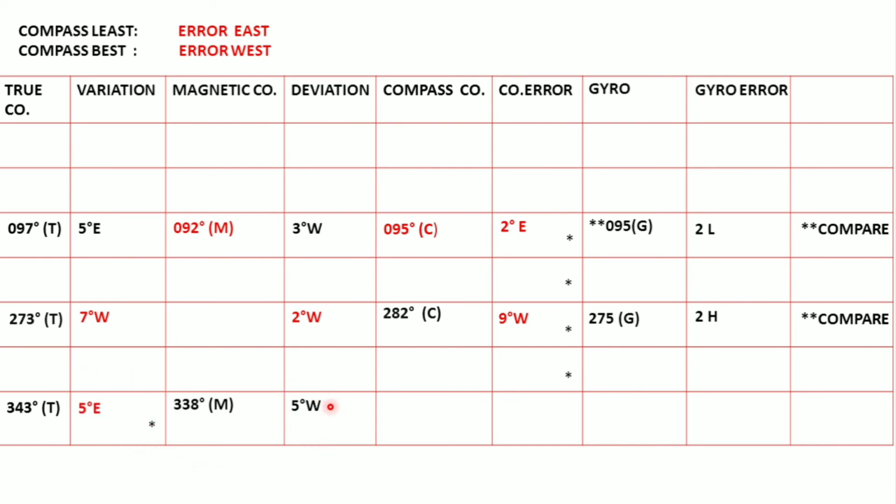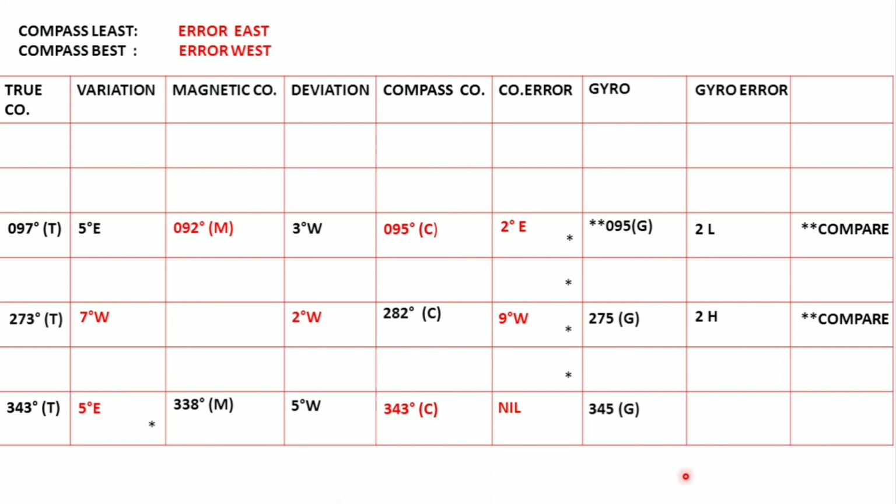Here it is given to me 5 degrees west, so compass should be west here. So 343, compass error plus minus, different name minus, nil. So this is how you go about finding out your compass error and applying your compass error to get the true course or bearings.